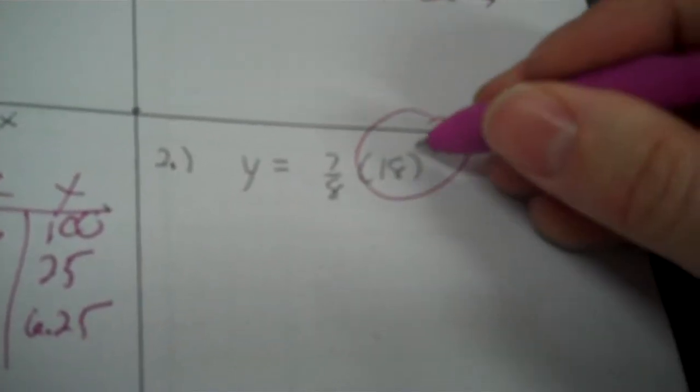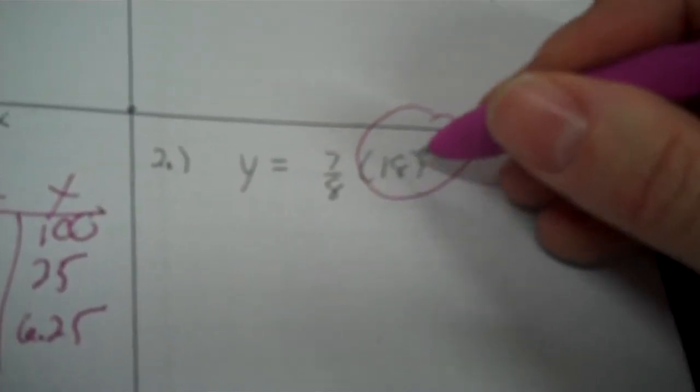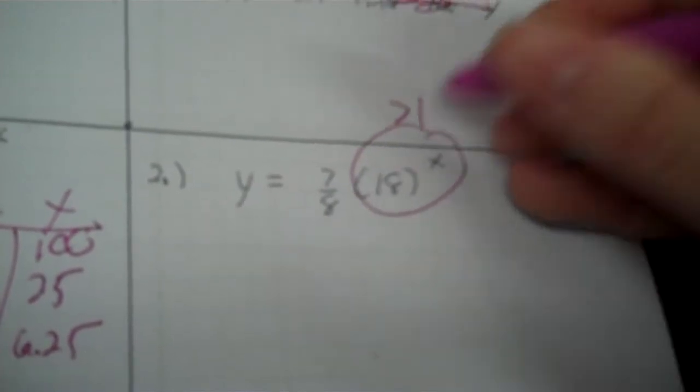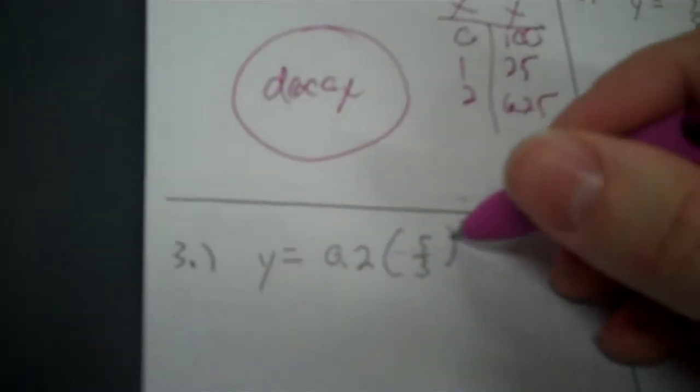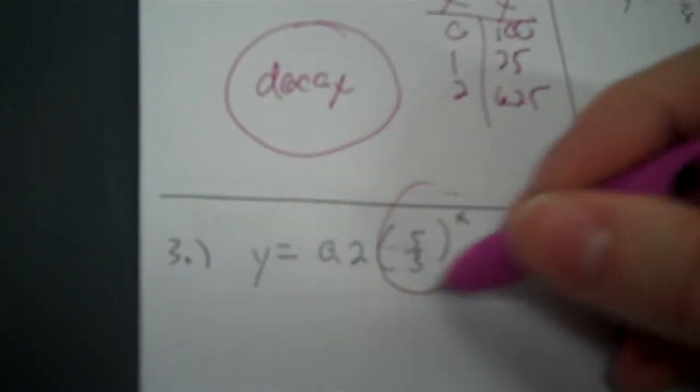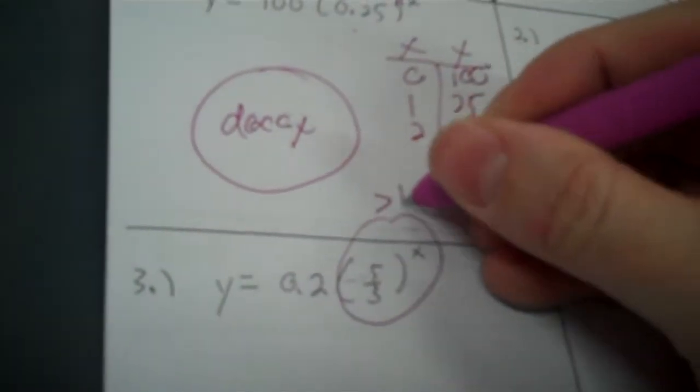Now, one way you can find growth or decay, you can do your table. That'll work. You can also look at the base of the exponent, 18. 18 is greater than 1, so that's going to be a growth. Now, a fraction, if you're not really great with fractions, you can quickly divide 5 by 3. That's greater than 1, again, okay?